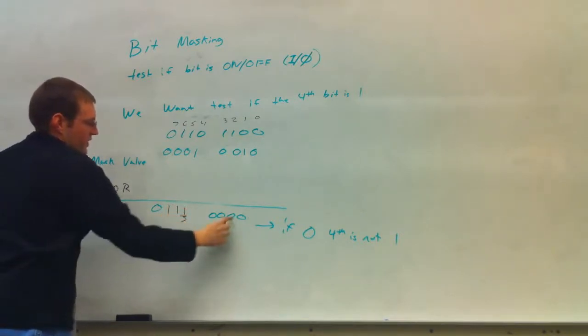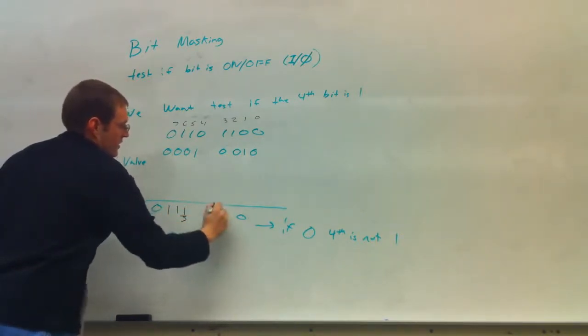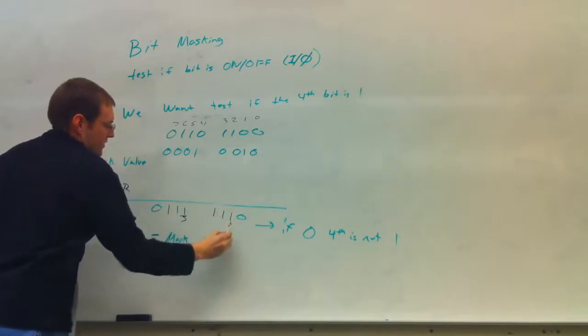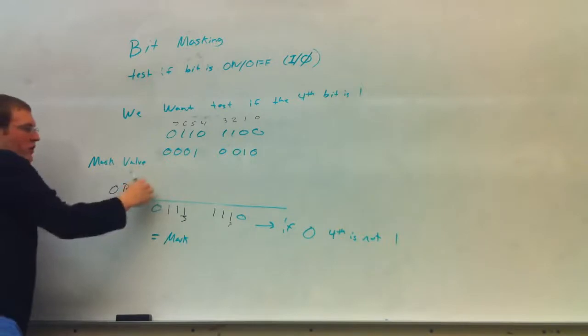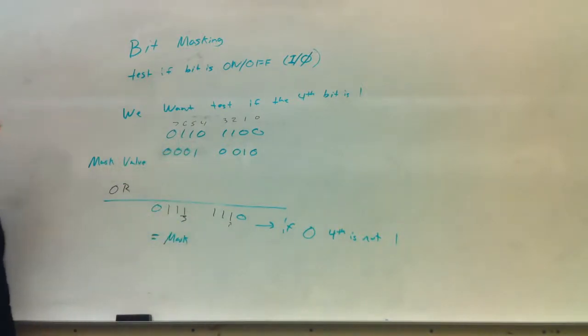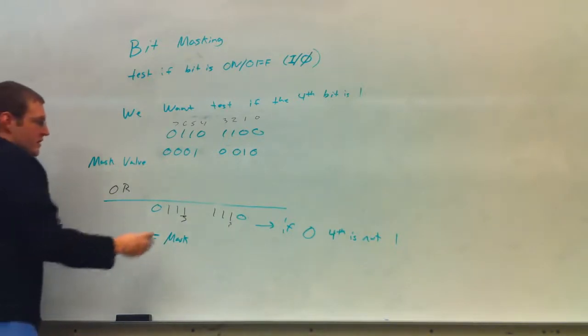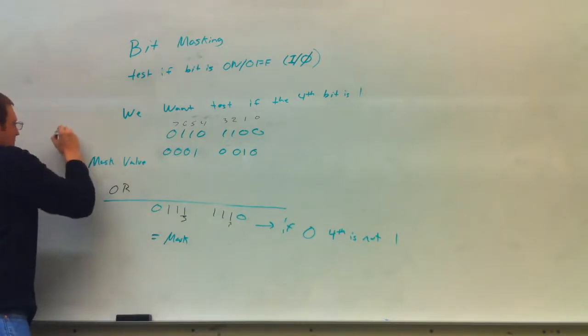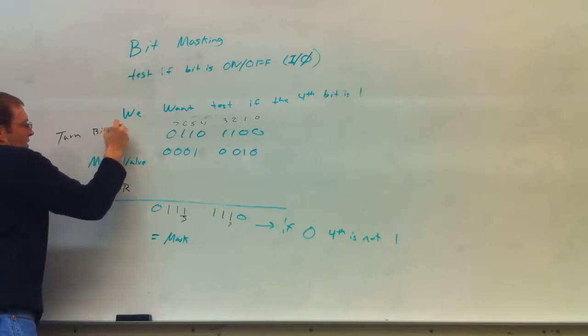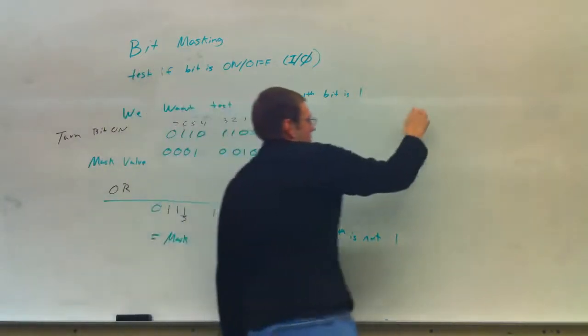Now this changes to 1, and this one here went to 1. So using this bit mask, if I OR it, I turn these ones on. And if I want to turn it off, we AND it, right? It was 0. So that's turning bits on, and you want bits off.